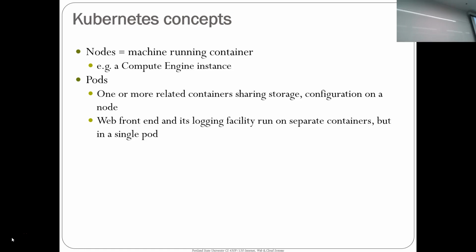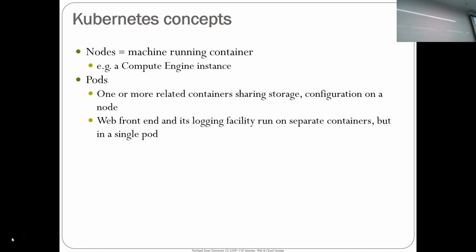A node could run multiple pods. An example of a pod is the web front end of your site and a logging facility that consumes the logs of your website being co-located in a single pod, because they logically relate to each other. They're always deployed together in pairs, so you would put them in the same pod.